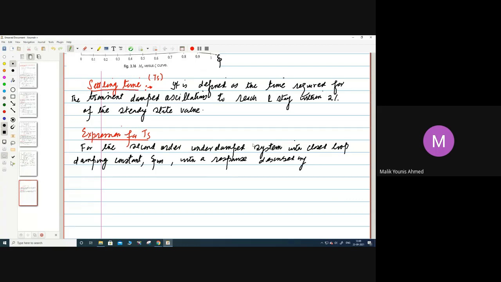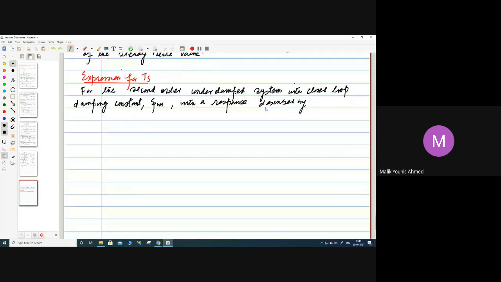This is simply a second order underdamped system for a closed loop, we know that, but the damping constant will be there. Let us see what this damping constant xi omega n is.